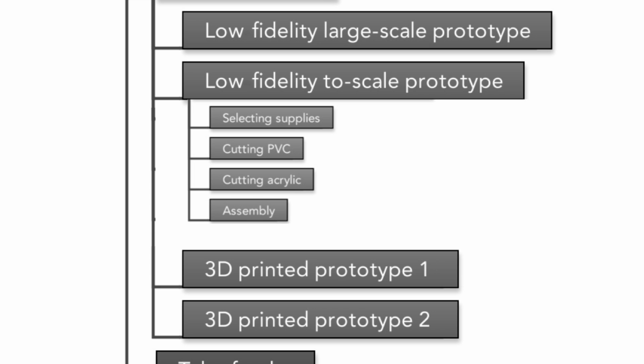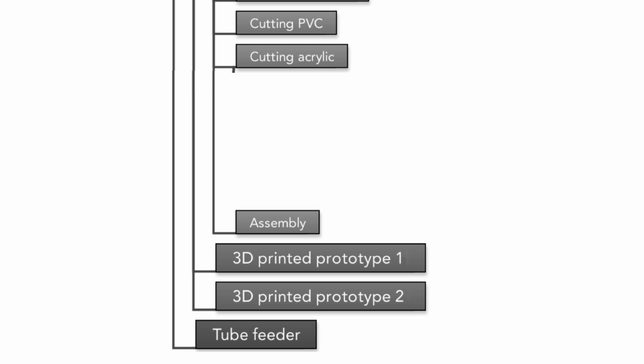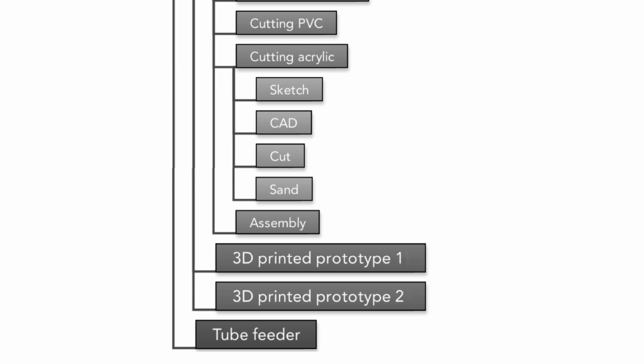The team can break down these tasks even further. For cut acrylic, that could include sketch, CAD, cut, and sand. Depending on the experience of the team, the subtask cut acrylic may be sufficient. However, if it is the team's first time to use the laser cutter, using the decomposed tasks, sketch, CAD, cut, and sand, may be helpful.